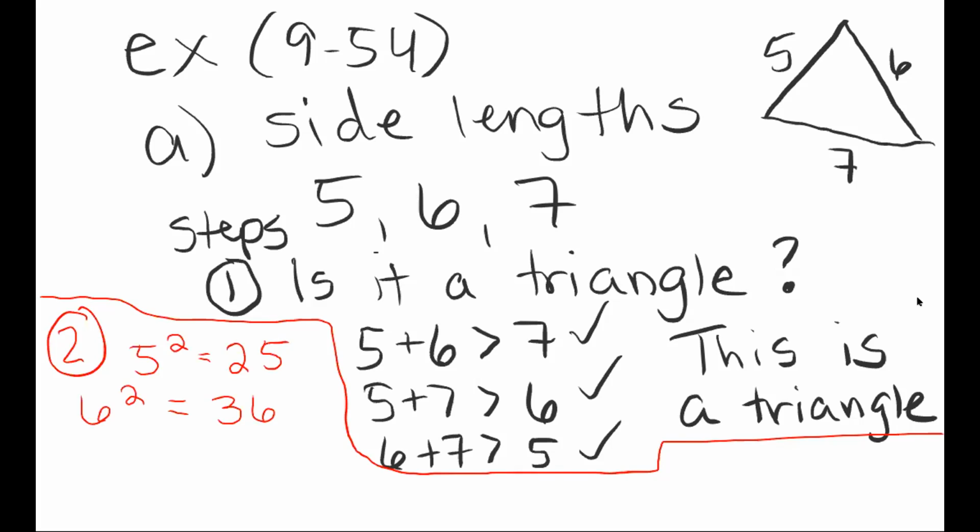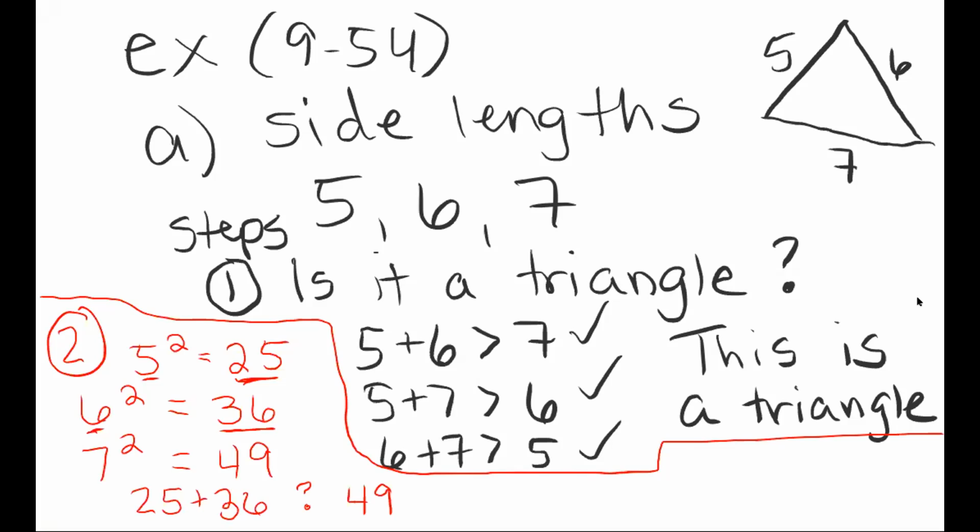Then you take 7 and square that, and you get 49. Now the question is, if I take the small side, 5, and square it, then take the medium side, 6, and square it, and do 25 plus 36, how does that compare to 49?